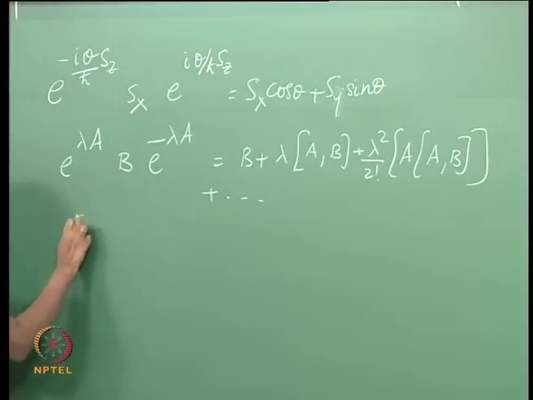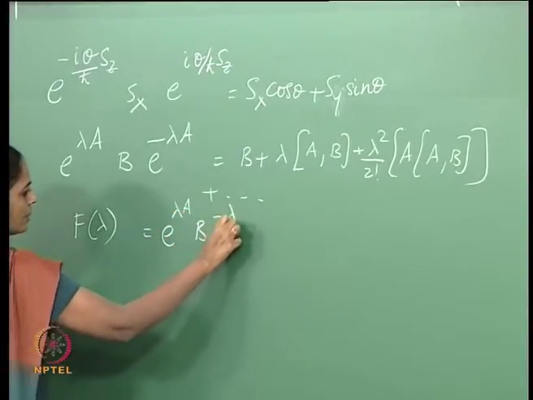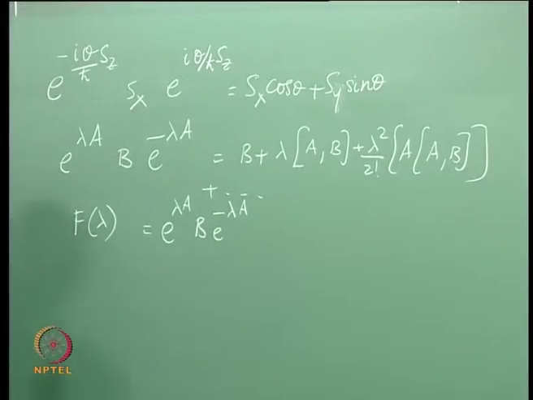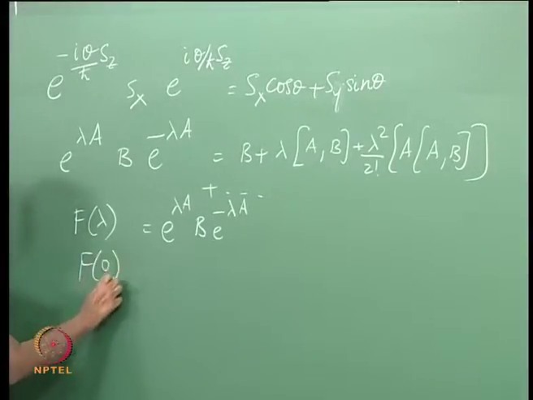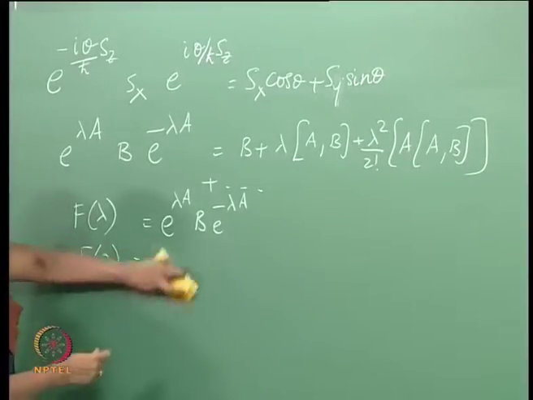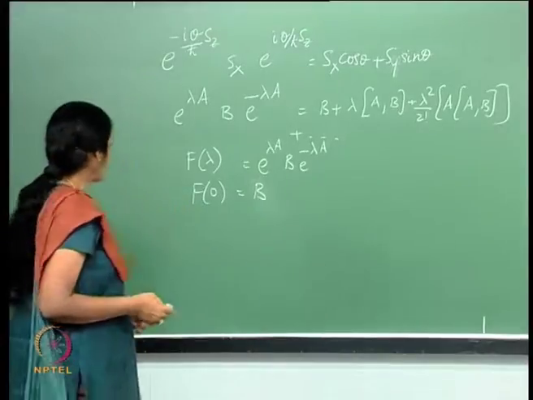So I define f of lambda as e to the lambda a b e to the minus lambda a. Lambda is a parameter. It is clear that f of 0 is simply b. It is assumed that a and b are Hermitian matrices. That is what is of relevance to us.